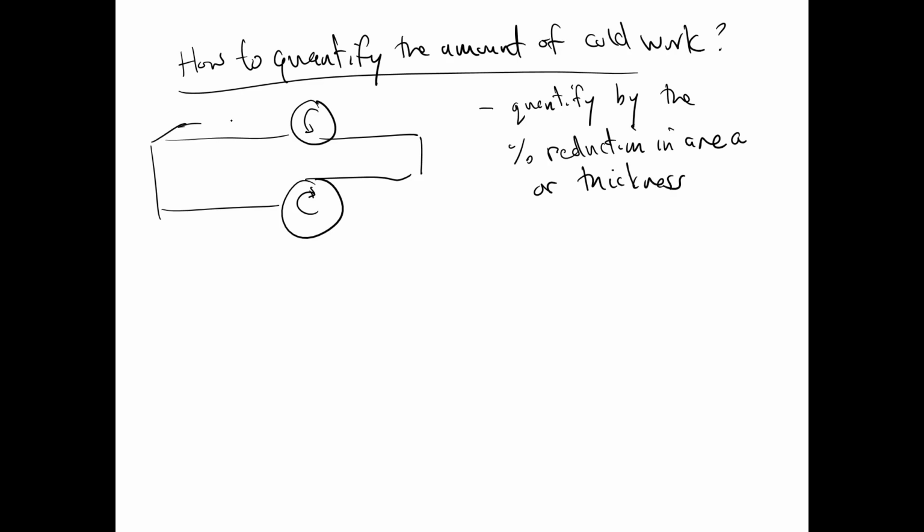As this thing goes through here, the area is getting much smaller. So here's the final area, here's the initial area. Or you can measure the thickness. Here's the initial thickness and the final thickness.